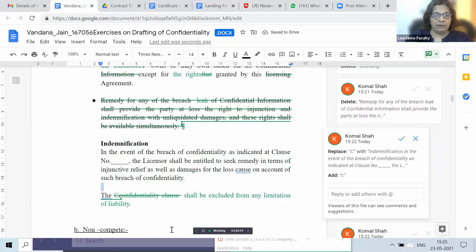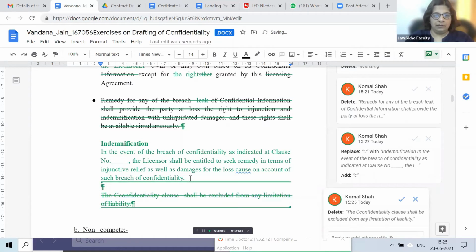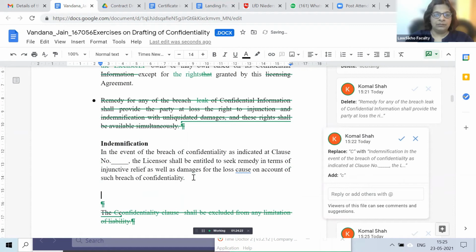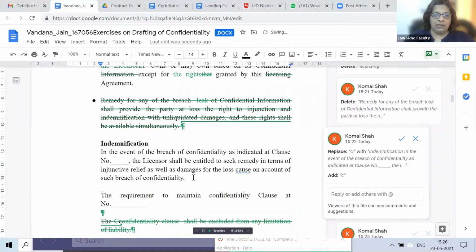So even this can be drafted a little bit better. The requirement to maintain confidentiality as stated in clause number so and so shall, or rather, what's the better way to draft it?